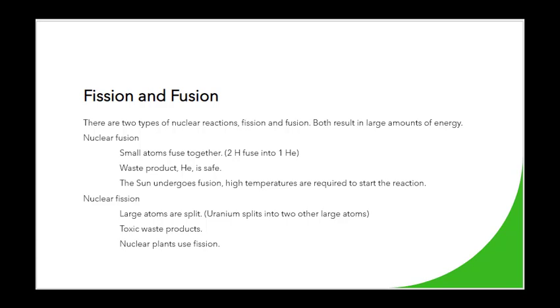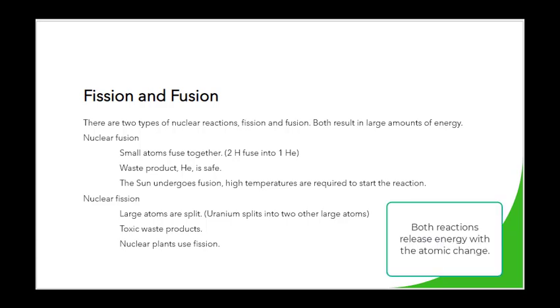Nuclear fission is what's going on in the power plants now. And if you're interested, there's the Gen 4 plants, which are the new kind that they're working towards. Large atoms are split. So uranium is split into two other large atoms, and those are split, and those are split, and you get a chain reaction. And those chain reactions are controlled with rods that determine how much of these collisions can happen during a certain amount of time.